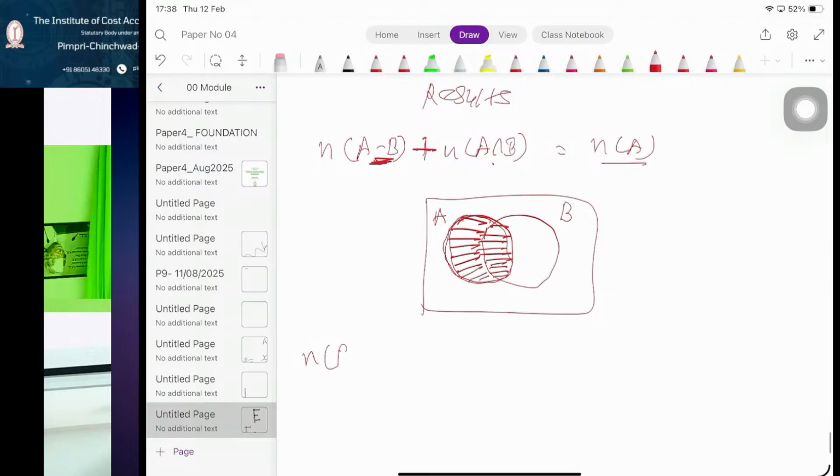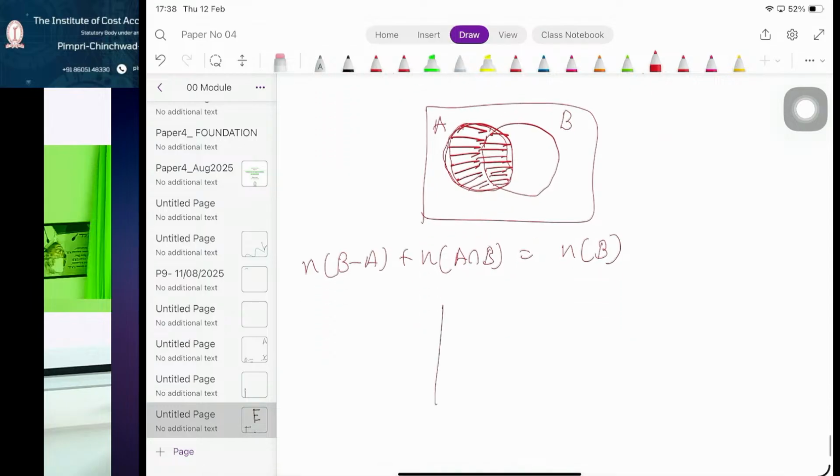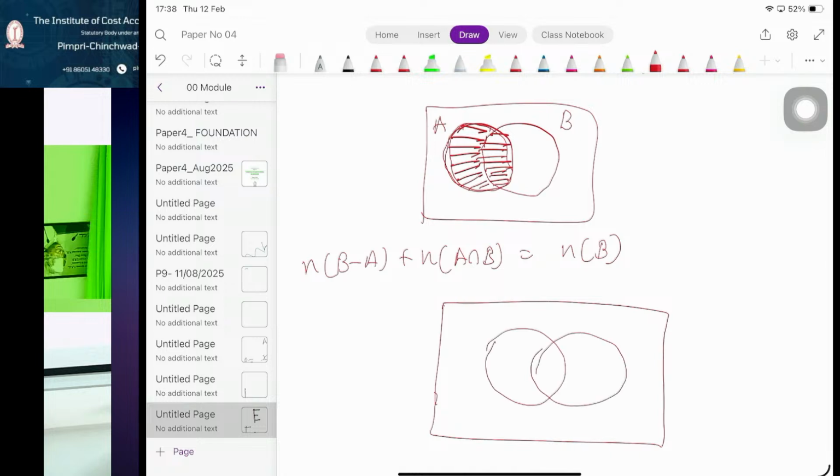Number of elements of B minus A plus number of elements of A intersection B is number of elements of B. Let's find the diagram for this. A, B. B minus A. ये element A और ये B है. B minus A comes which is in B only. Means this part. Plus इन्हें ऐड करना है.